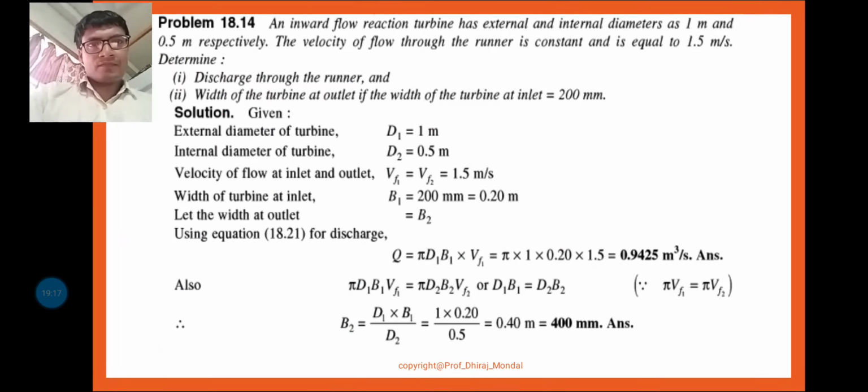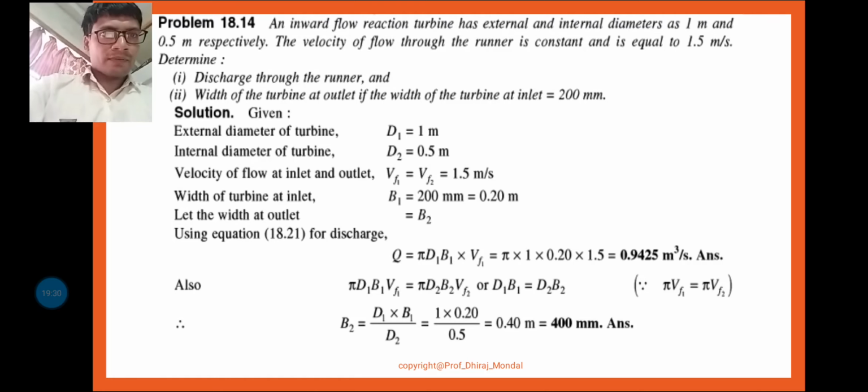An inward flow reaction turbine has external and internal diameters as 1 meter and 0.5 meter respectively. The velocity of flow through the runner is constant and is equal to 1.5 meter per second. Determine the discharge through the runner and the width of the turbine at outlet if the width of the turbine at inlet is equal to 200 millimeter.